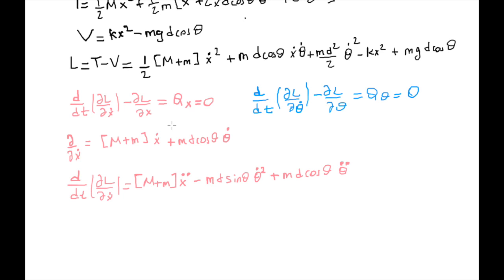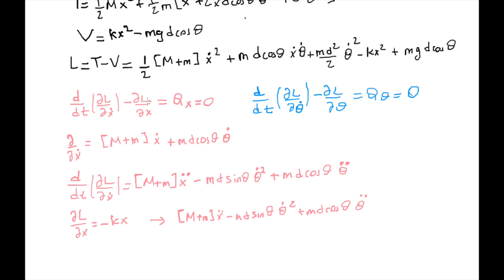So the next thing I should evaluate is of course partial L partial x. This doesn't depend on x, doesn't depend on x, doesn't depend on x. Only this one depends on x, and this is minus k x. Now I can combine these equations, and I can write down M plus m times x double dot minus m d sine theta theta dot squared plus m d cosine theta theta double dot.